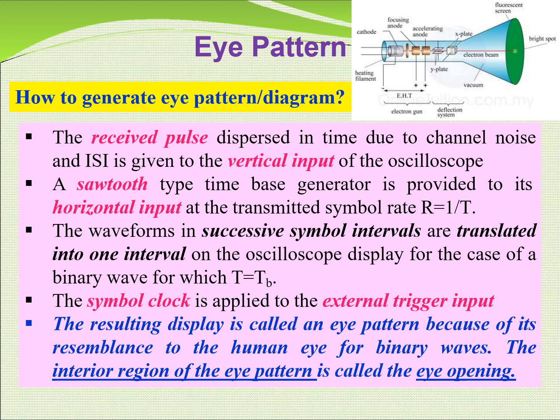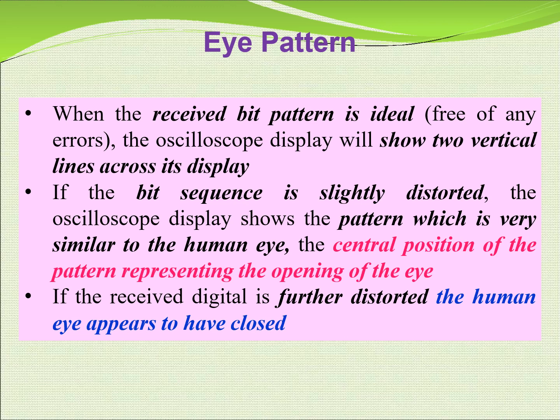The interior region of the eye pattern is called the eye opening. When the received bit pattern is ideal, the oscilloscope display will show two vertical lines across its display. If the bit sequence is slightly distorted, the oscilloscope display shows a pattern which is very similar to the human eye, the central portion of the pattern representing the opening of the eye.